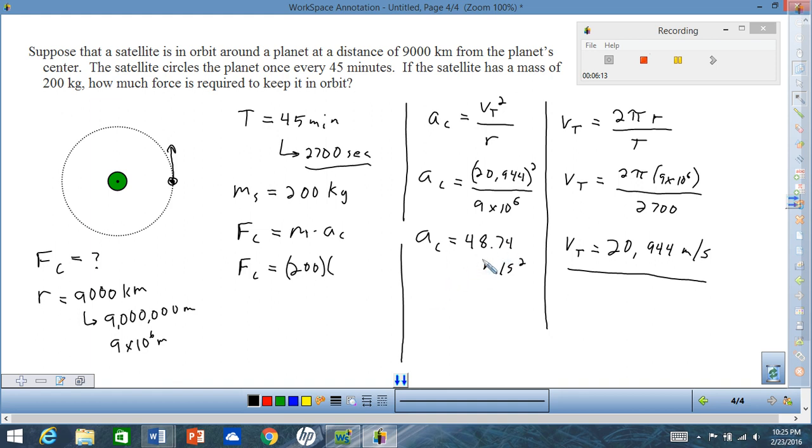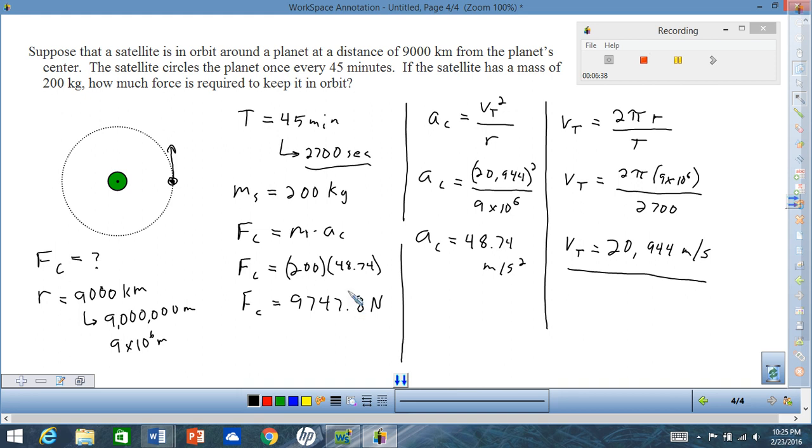All right. Well, all that needs to be done now is to place that over here in place of ac. And when you do that, 200 times 48.74, you end up with something around 9,747.8 newtons, and that's a rounded value as well.